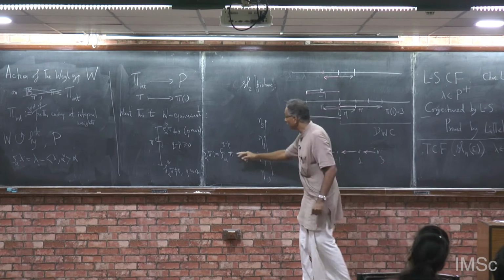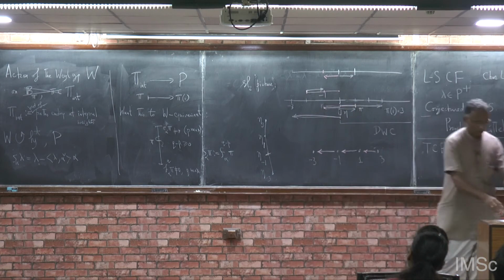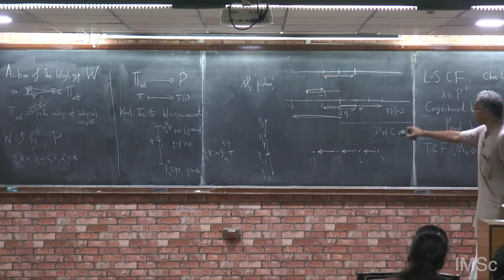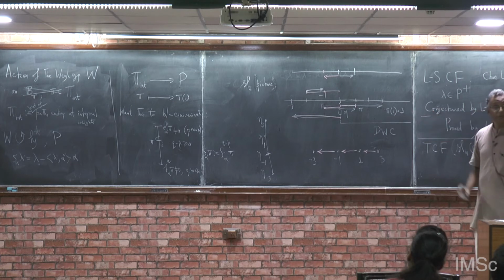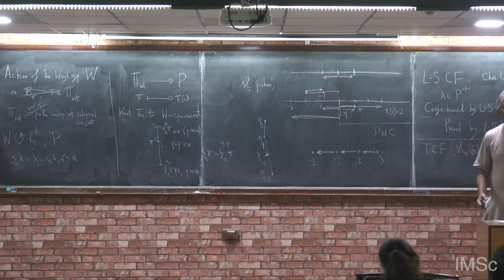So this is a very natural thing to be defining. From this picture, this is one way of defining it. He gives an even simpler definition, although that is less transparent.